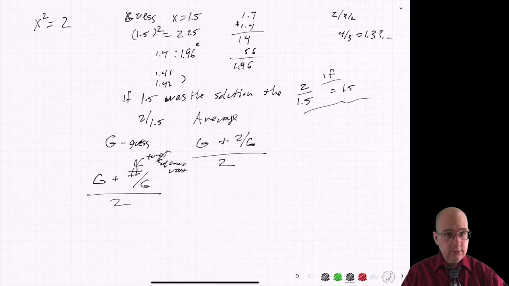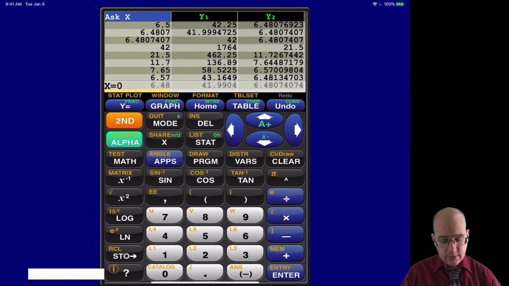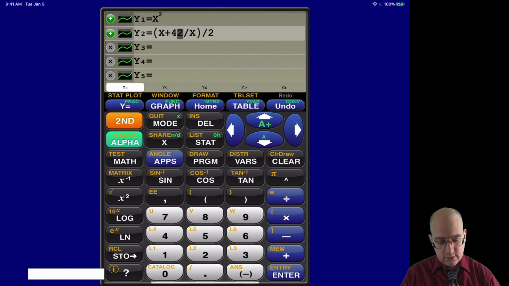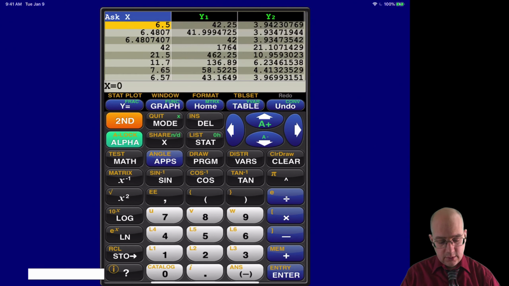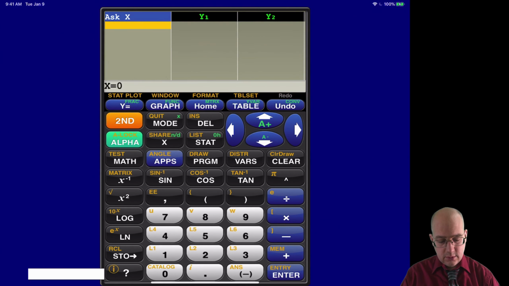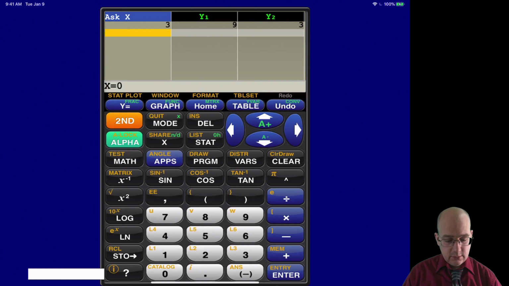Now, actually, what happens if something has an exact square root? So, oops, sorry, 9. Square root of 9 is 3. If I plugged in 3 for the guess, of course, it just gives me the same thing again.